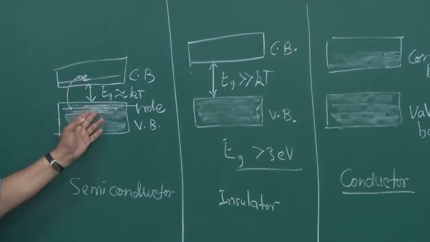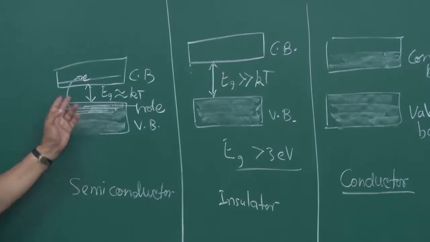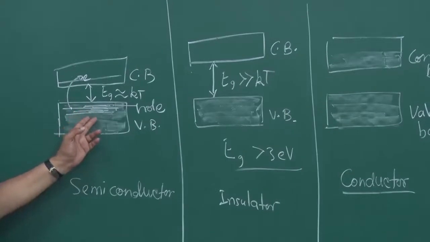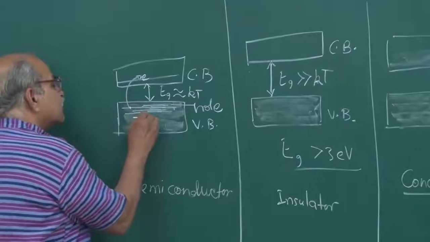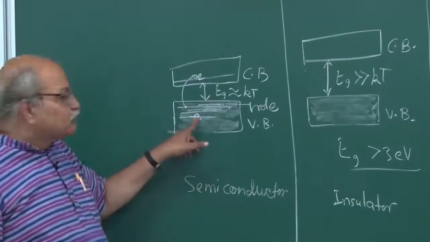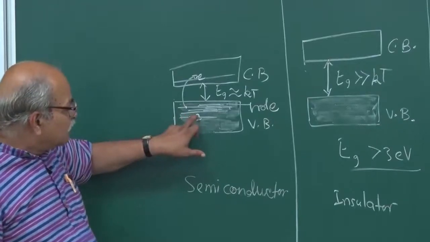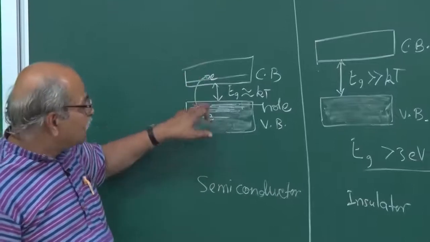since now there are some quantum states here which are empty, electrons have gone, if you apply an electric field and this quantum state is filled, electron is here. But in this neighborhood you also have an empty quantum state because an electron has already gone there.